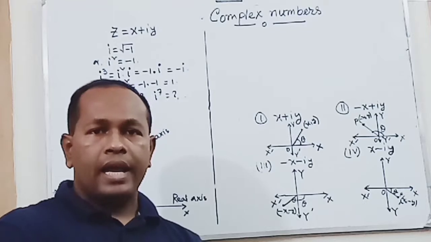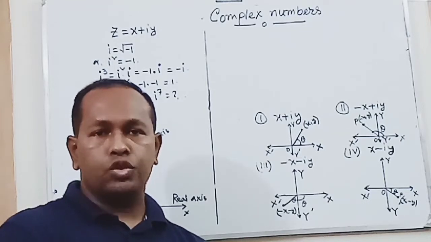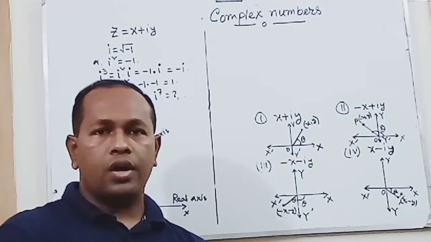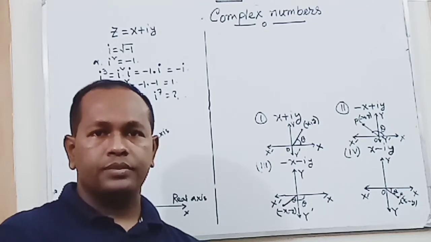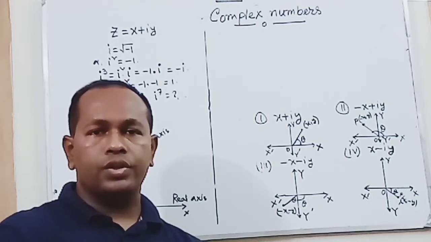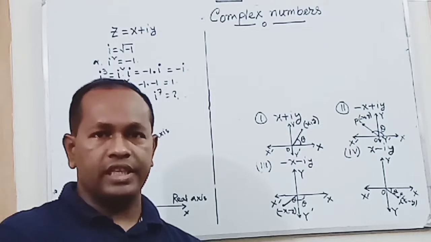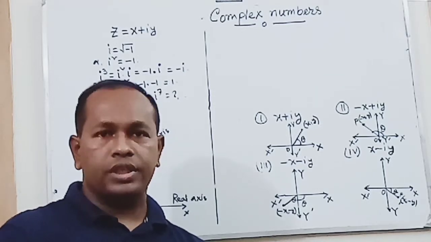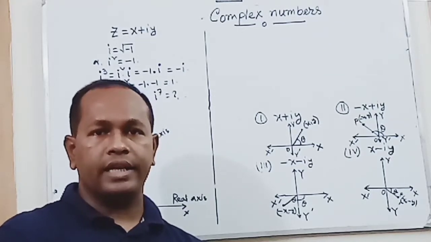Now I am going to talk about the geometrical representation of a complex number. Robert Argand first introduced complex numbers graphically. This graphical method is known as Argand's diagram.